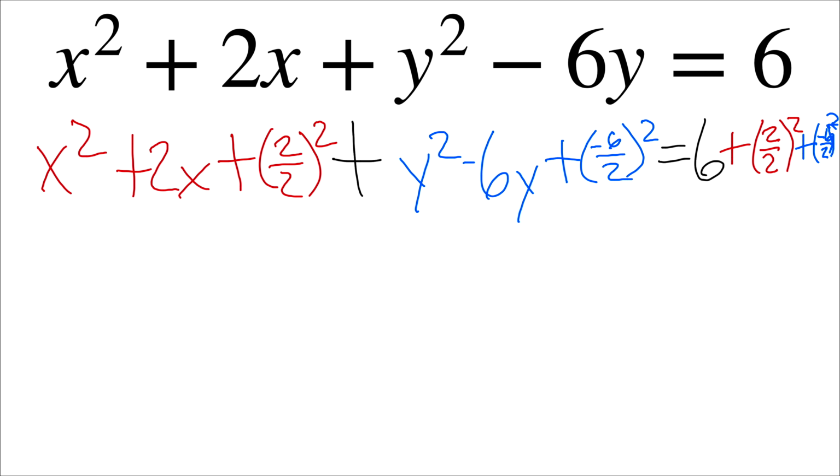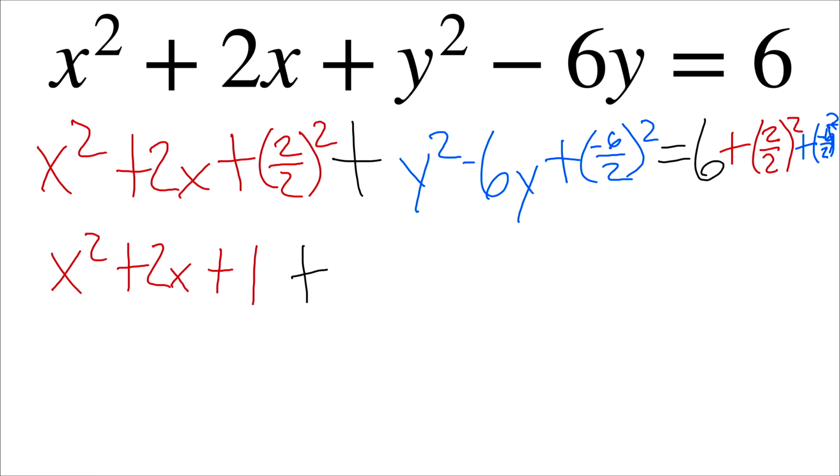Squared. Okay, so right here, just to confirm, this ends up becoming x squared plus 2x plus, sorry, not plus 4. I just squared 2 instead of squaring 2 divided by 2, or 1. So this becomes plus 1.